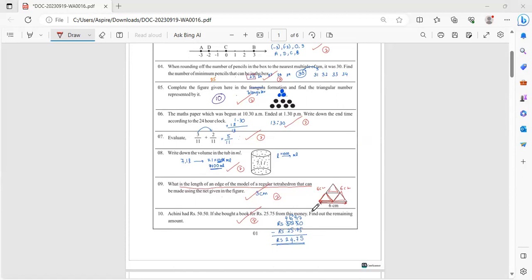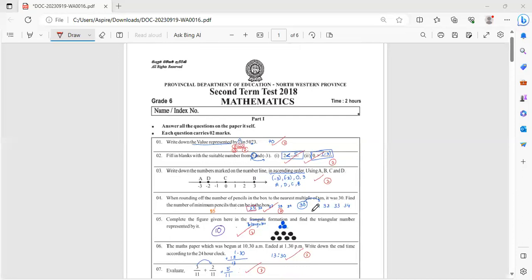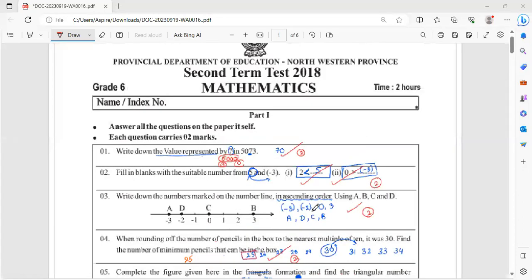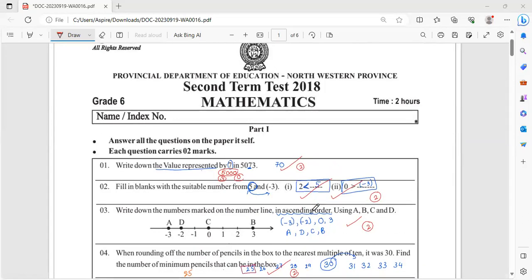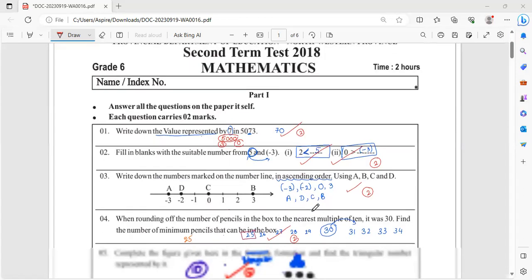So before that, you have to face your second term test. If you have any doubts related to any lesson, you can watch the recording again and again and try to understand what we discuss here.